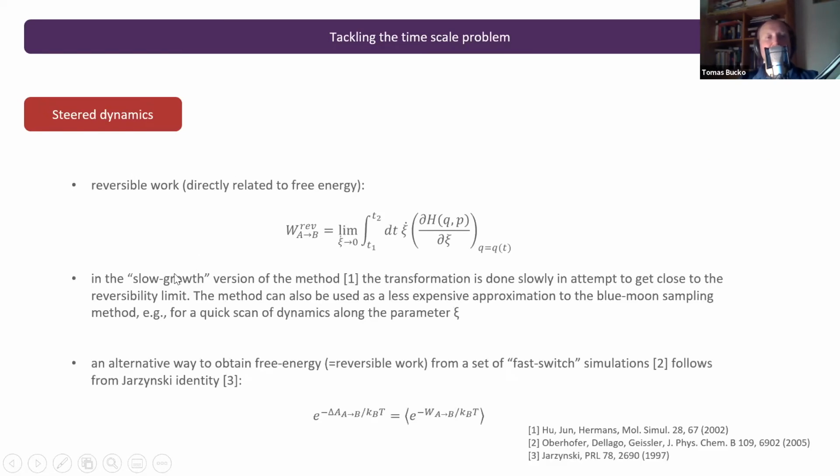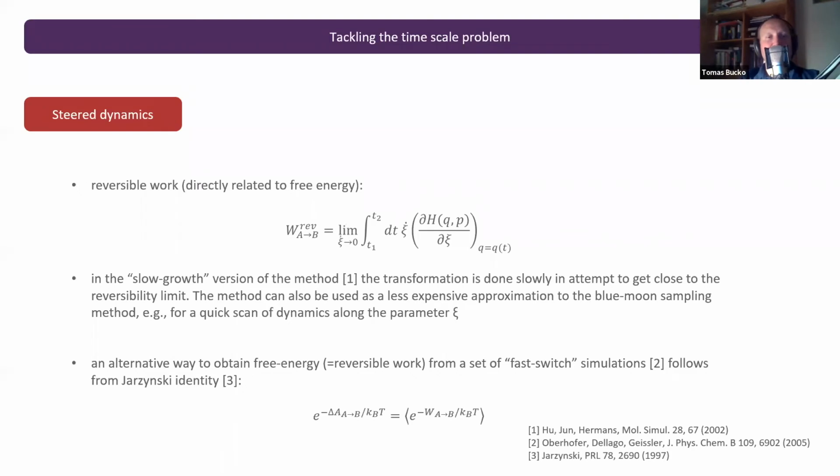In the variant of the method that we call the slow grow method, we try to get sufficiently close to this reversibility limit. Here we attempt to realize the transformation so slowly that the work that we compute is a good approximation to reversible work.